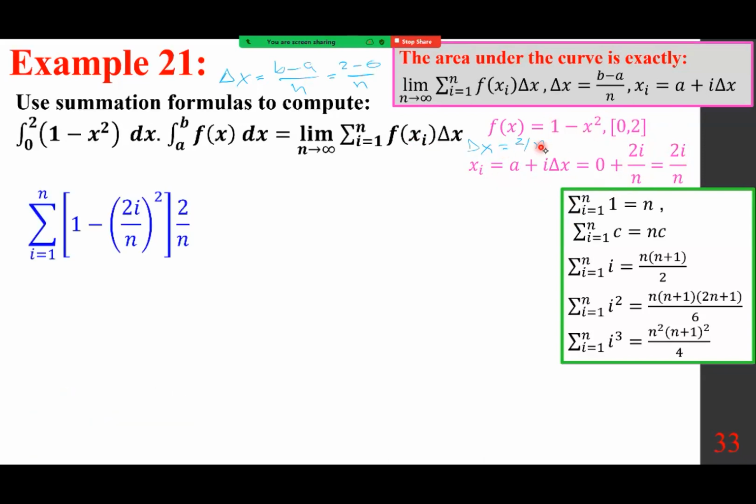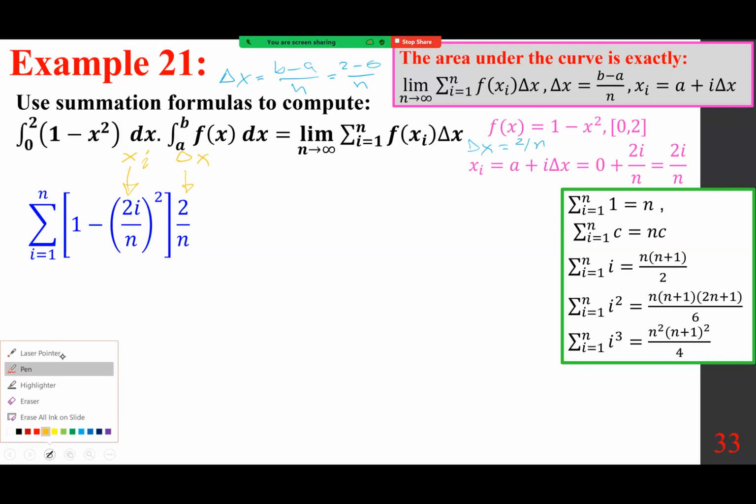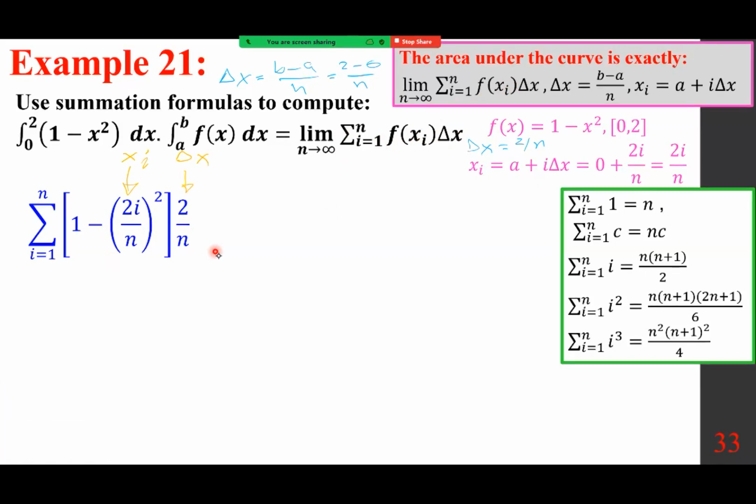So I want to make sure we understood this. 1 minus x squared, x is replaced with x sub i. This is x sub i, everybody. And this is delta x. Again, we are using this formula, f of x sub i, delta x. And from here on, just about everything is algebraic.